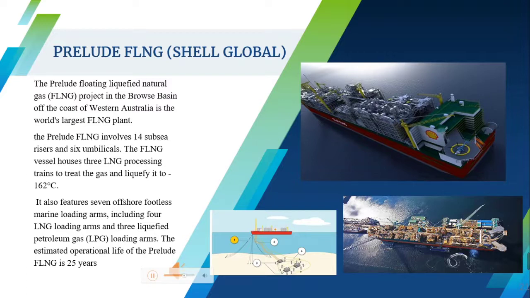The FLNG vessel housed 3 LNG processing trains to treat the gas and liquefy it to negative 162 degrees Celsius. It also features 7 offshore footless marine loading arms, including 4 LNG loading arms and 3 liquefied petroleum gas (LPG) loading arms. The estimated operational life of the Prelude FLNG is 25 years.